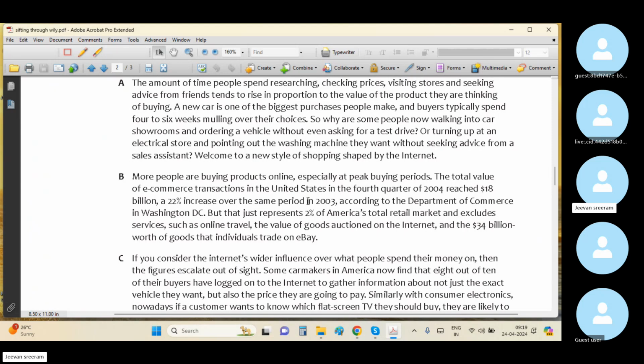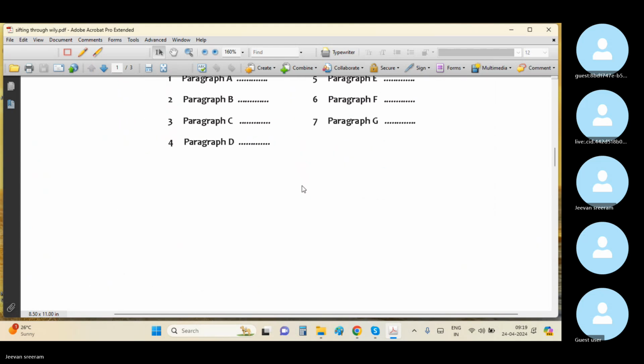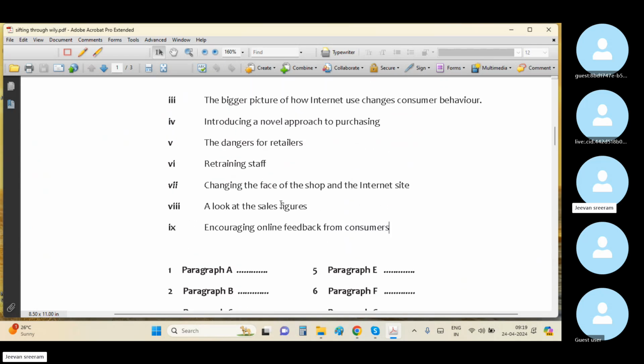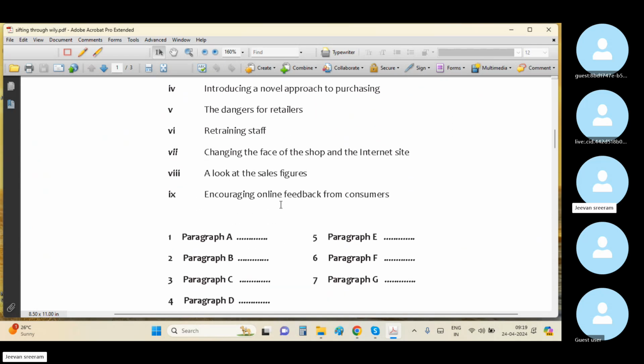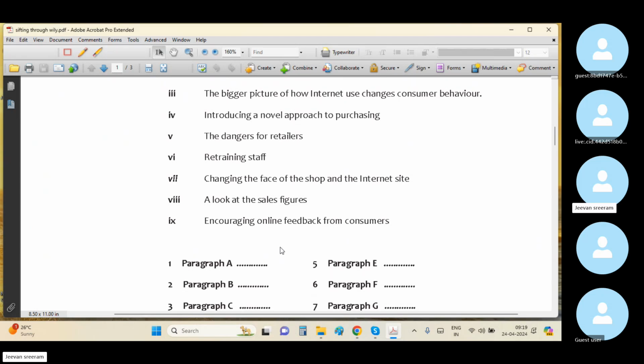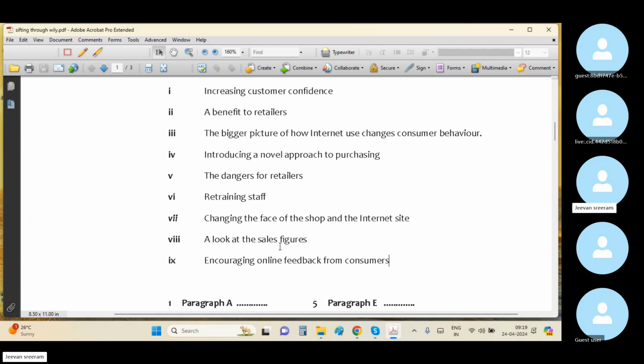Okay, right. Now the question type given here is matching each of the paragraphs to correct headings. As you can see, there are 7 paragraphs and 9 headings, but in the real examination you may find 8 to 10 paragraphs. If there are 8 paragraphs in a matching headings question, you will definitely see at least 12 to 13 headings.